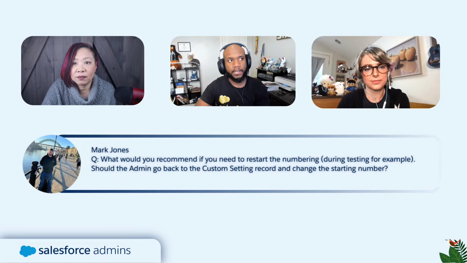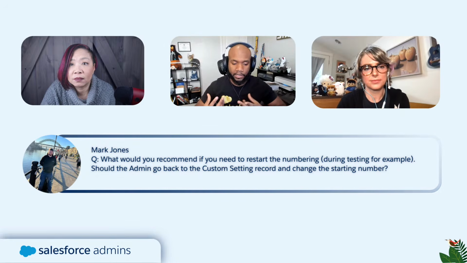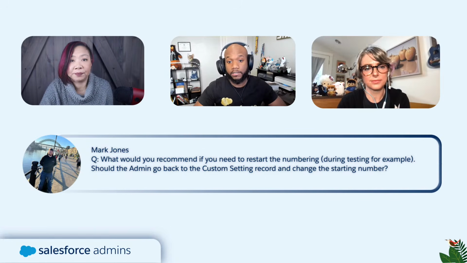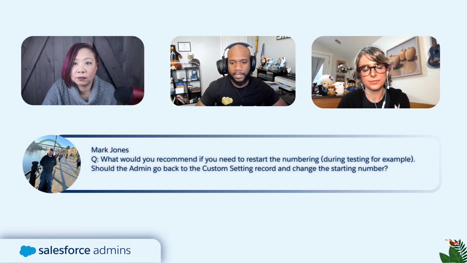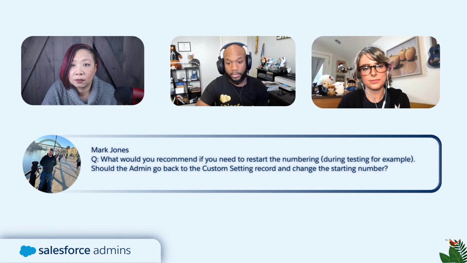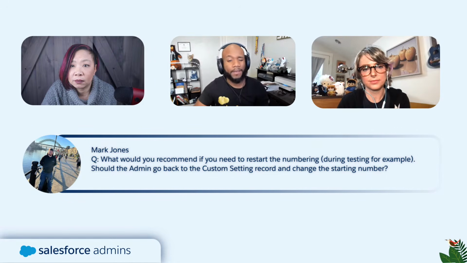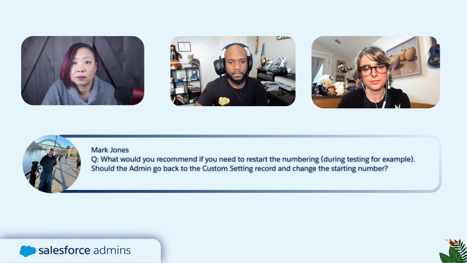And one thing to think about when you're working with custom settings is that the value cannot be transferred around, it cannot be deployed with change sets and things like that. So keep an eye on that as you're testing. You want to make sure to test in your sandbox. When you do your deployment, you can deploy the object, but the data you cannot deploy. So you'll need to go in and have that manual step of getting it updated. But totally, you can reset the number inside of your custom setting.